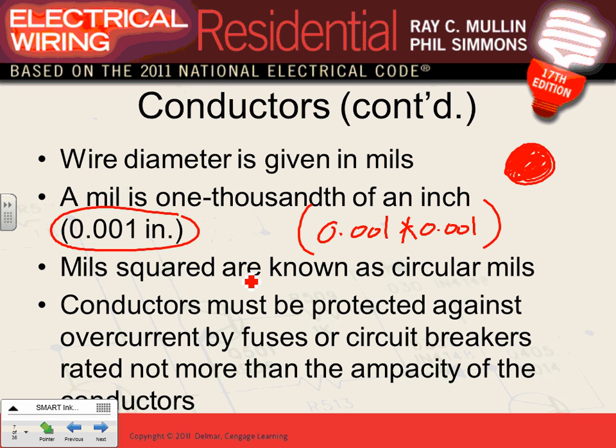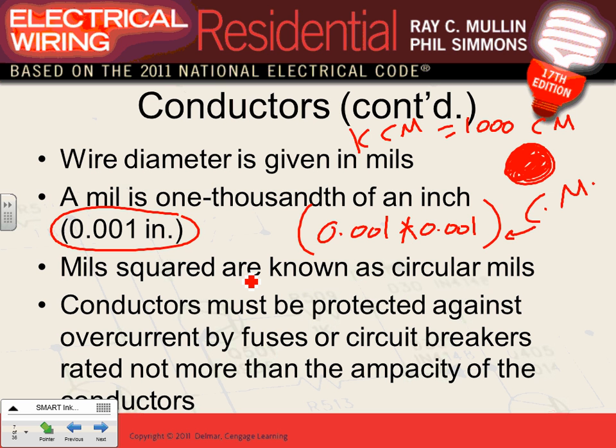So that's where your circular mil comes from: take these two numbers, and this will transfer into kcmil. kcmil, obviously, is 1,000 circular mils. So you do your math. Everybody knows that a mil is 1/1000 of an inch. You multiply it by itself to get this number, and then multiply it by 1,000, and that will get you the kcmil that we use all the time.